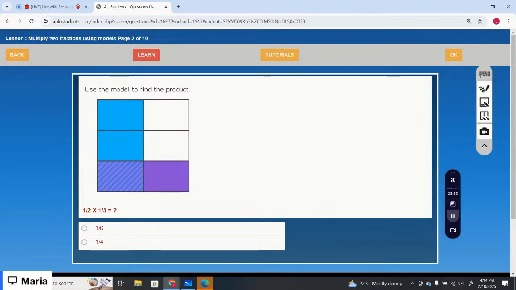That is 1 over 6. Option number 1 is the correct option.